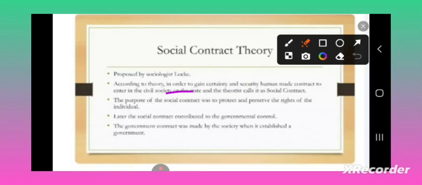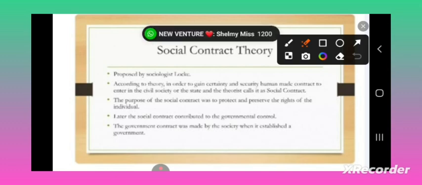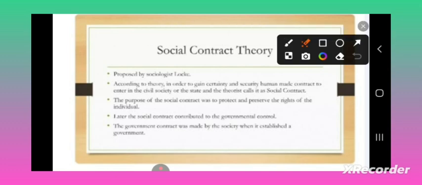Core idea: according to the theory, in order to gain security and maintain human rights, individuals originally living in a lawless state of nature made a mutual contract or agreement, the social contract, to form a society or state.